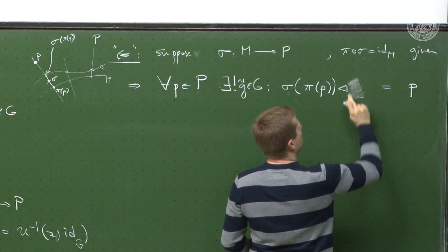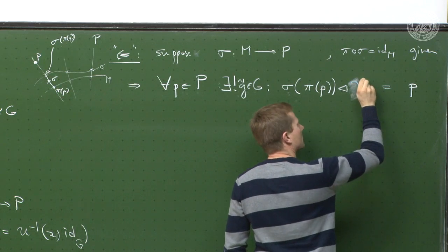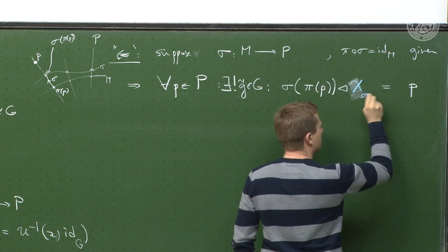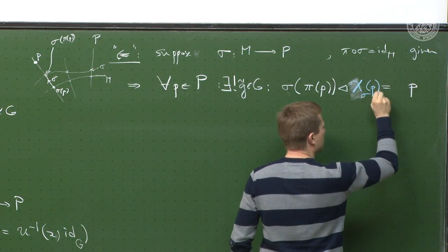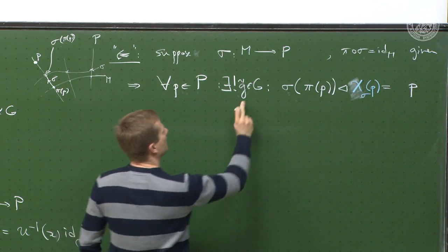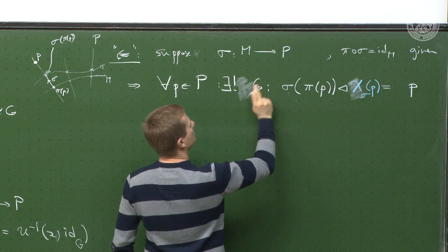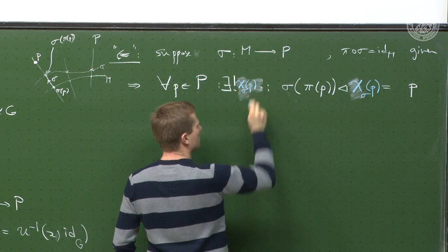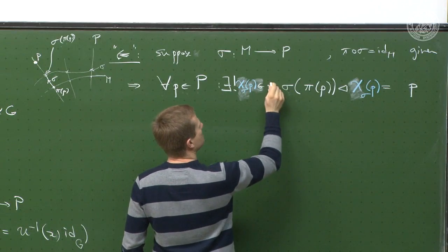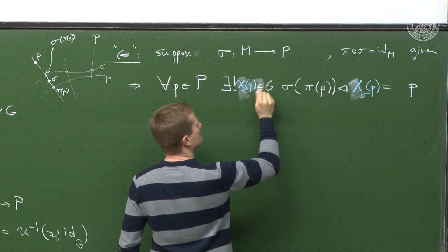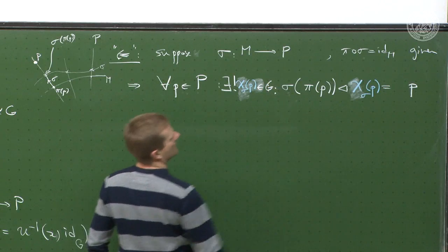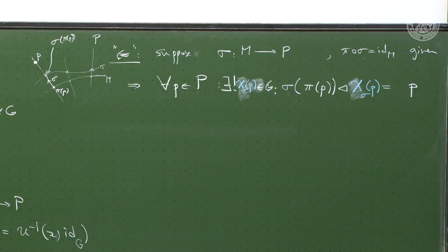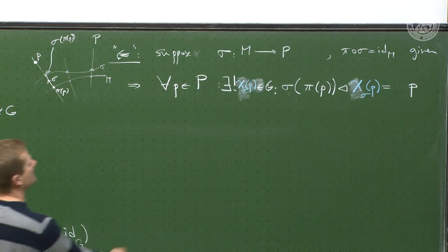So it's maybe useful to call this guy chi dependent on sigma and dependent on p. So there is an element in the group which we call chi because it depends on sigma and depends on p, such that this equation holds true. It's because of the free action. And the uniqueness is because of the free action.